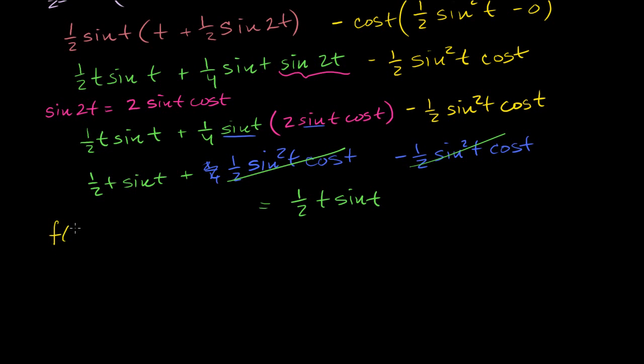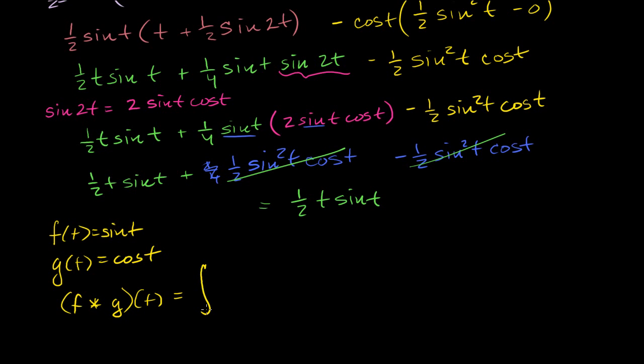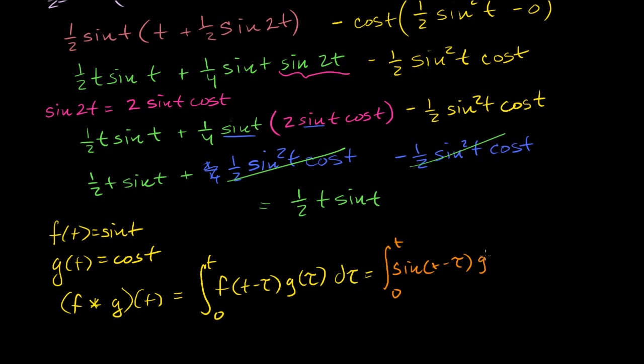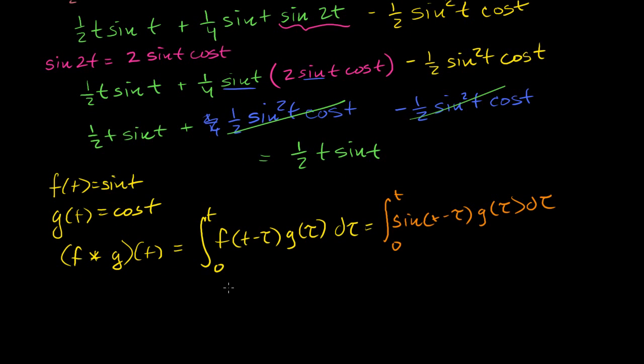If we write that f of t is equal to sine of t, and g of t is equal to cosine of t, I just showed you that the convolution of f with g, which is a function of t, defined as the integral from 0 to t of f of t minus tau times g of tau d tau, which was equal to the integral from 0 to t of sine of t minus tau times g of tau d tau, all of this mess, all of this convolution, and this is pretty satisfying, it all equals 1/2 t sine of t.